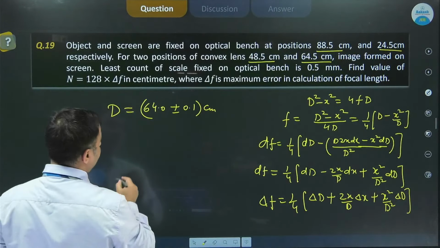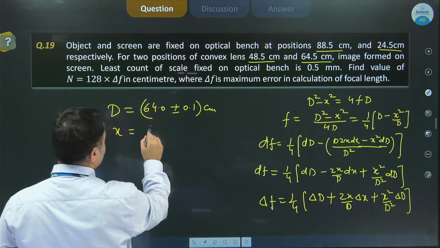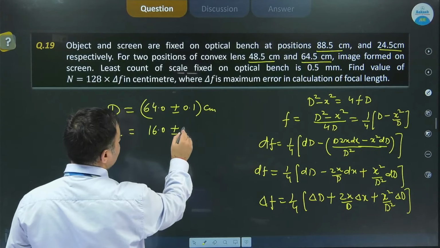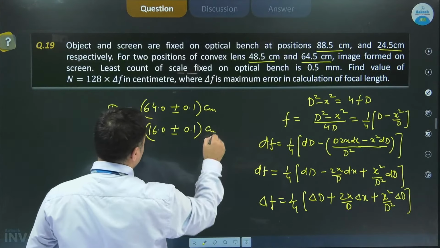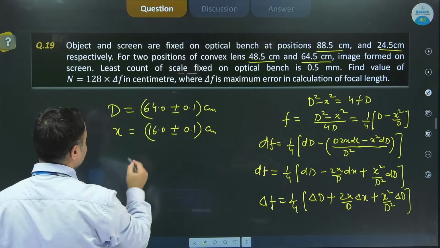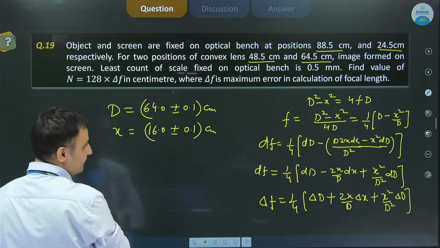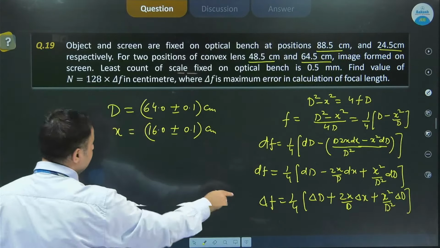Similarly, for x, we have this difference as 16.0 and with a resolution of again 0.1 centimeter. So we have d is 64 with error 0.1 and x is 16 with error of 0.1. On putting these values, we can find the value of delta f.